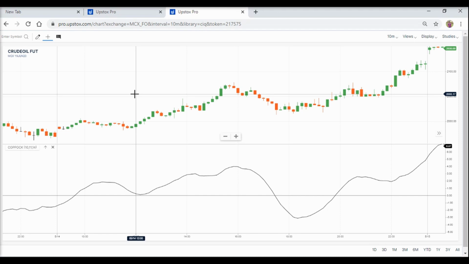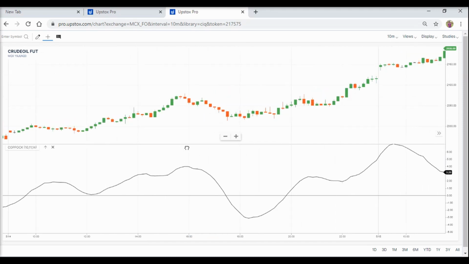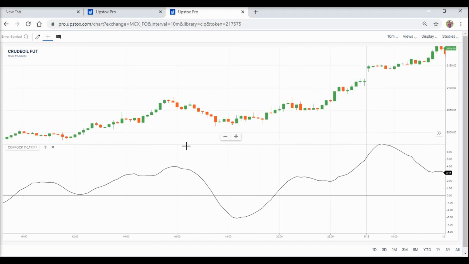The second one is, as you can see here, from the trader's perspective, you will short your position at this point, at this red candle, and you will be exiting the position at this point. As you can see, at the end of the trade you will be losing some points only.